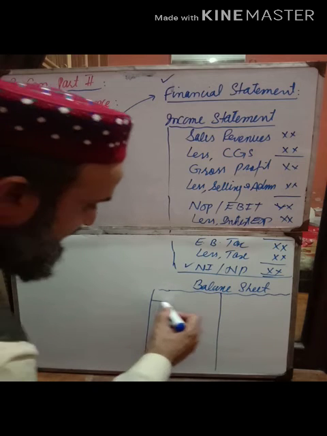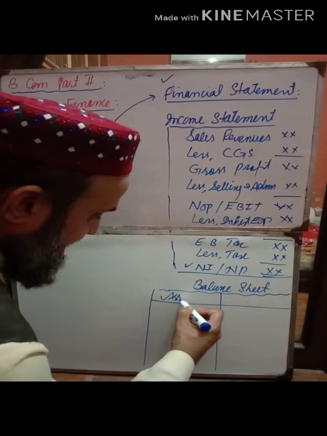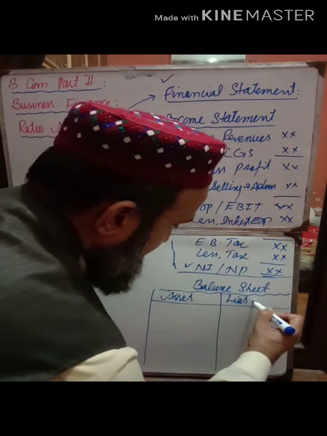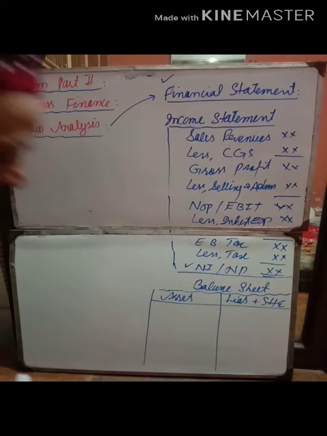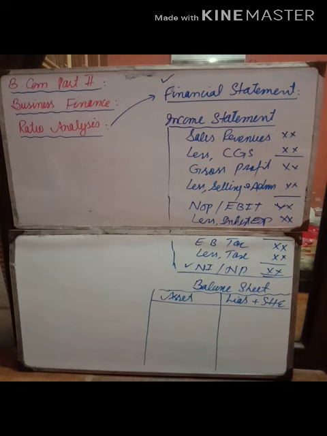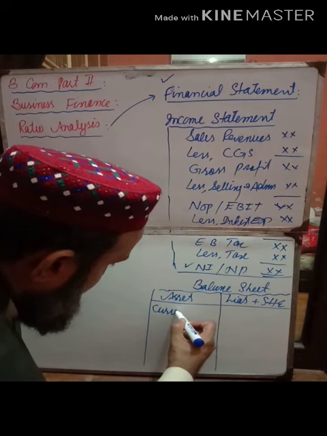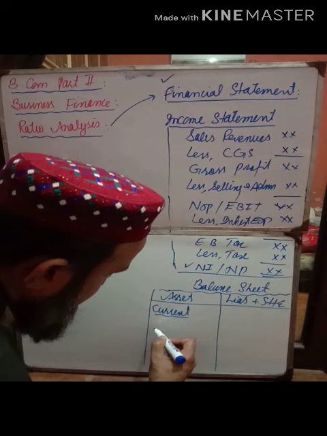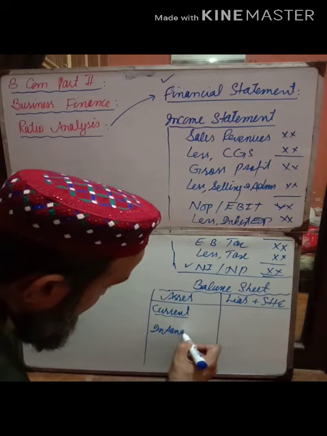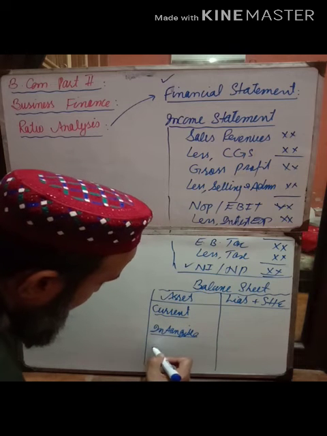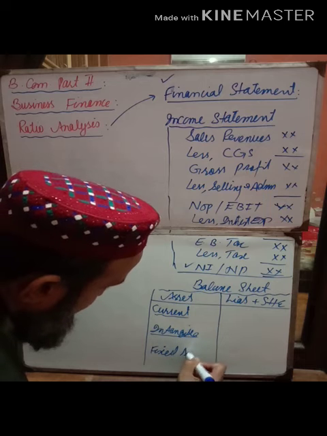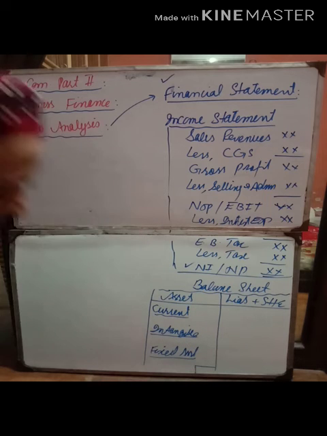ratio analysis. In the balance sheet, as you know, we have our assets, and we have our liabilities plus stockholder equity. In a classified balance sheet, there are so many headings and so many types of assets and liabilities, but on a basic level, for ratio analysis purposes, we have the simplest form of balance sheet having the following three major types of assets: current assets, intangible assets, and fixed assets, and then we get the total.